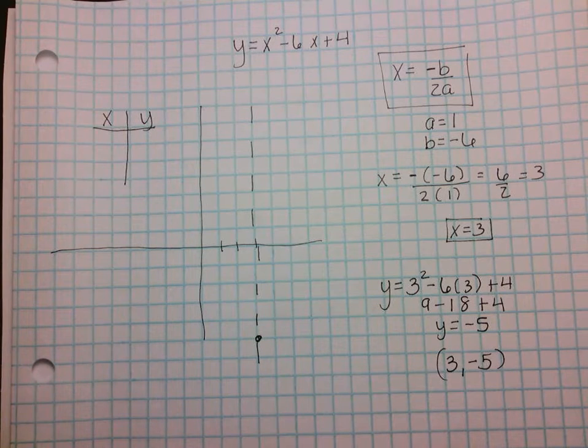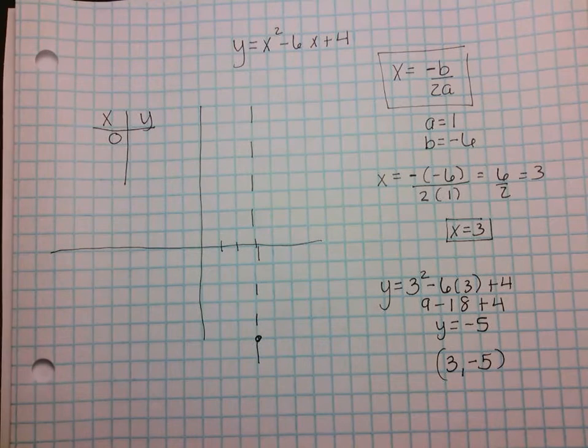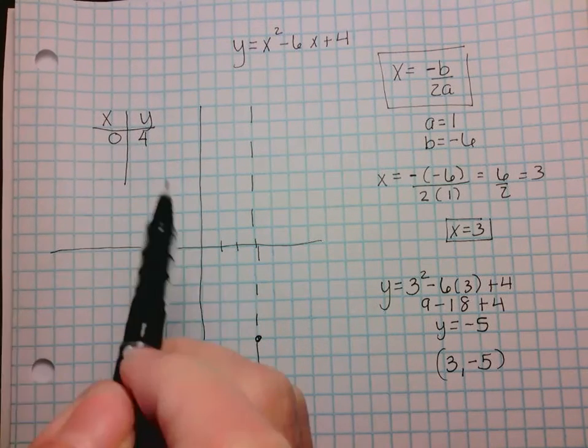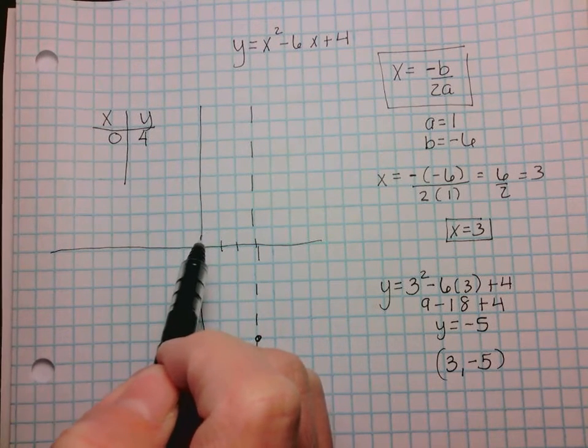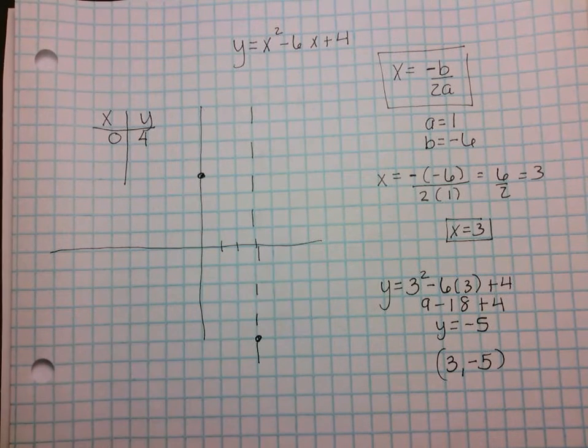In other words, find the value of y when x is 0. When x is 0 here, y is 4. So that means I have a point at 0, 4. Okay, now I can go ahead and reflect that point over the axis of symmetry.